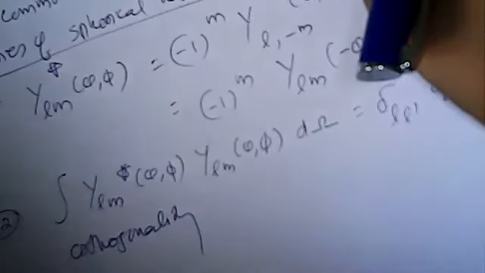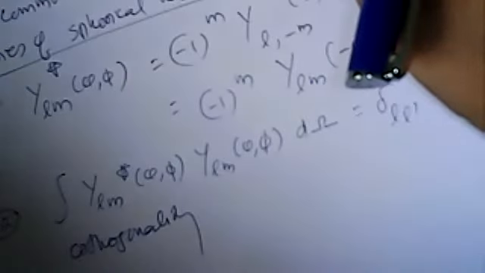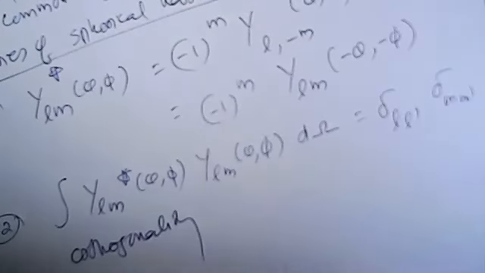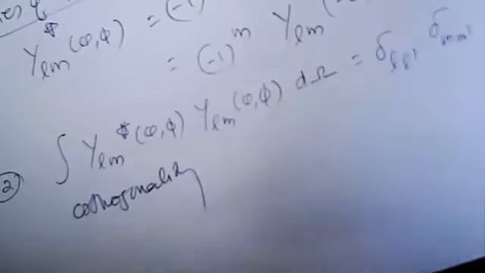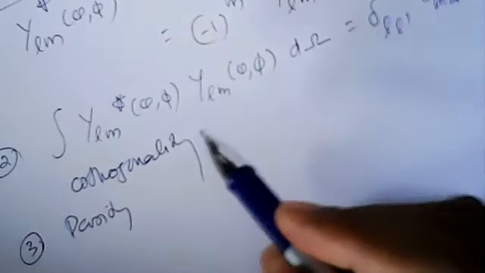Now one more property is the parity. Parity operation of spherical harmonics. You replace x by minus x, y by minus y and z by minus z, or simply replace r by minus r. So what is the parity of YLM theta phi?